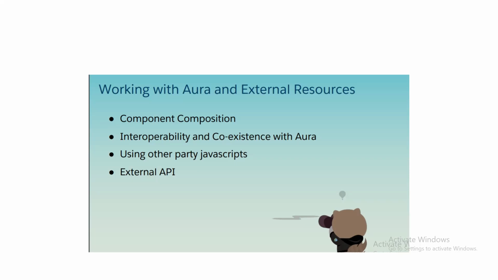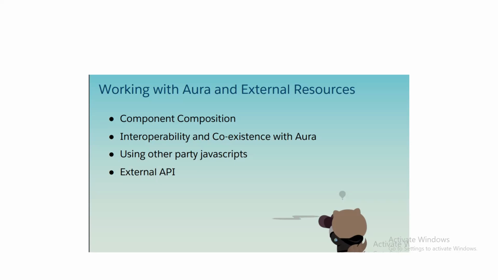So since we cannot use external calls or CDN libraries, what we need to do is download those files. For example, if we want to use jQuery, then we need to download that JavaScript file library and then put it into our static resource, and then we can use that JavaScript library with the help of a static resource in our Lightning Aura components or Lightning Web Components.